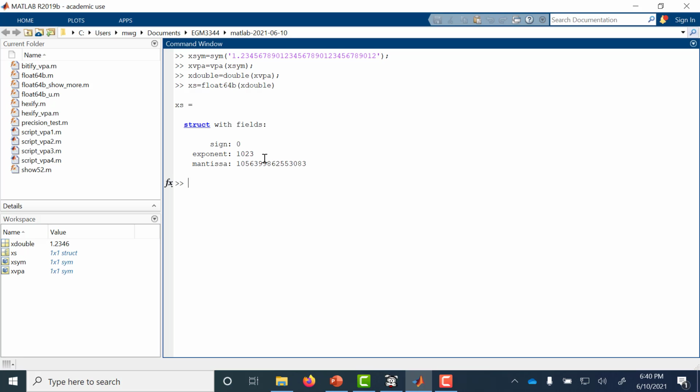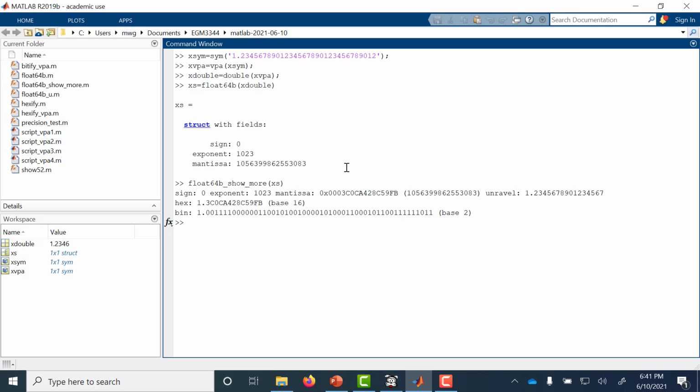Sign 0, exponent is 1023, and there's the decimal mantissa that I showed you a while back. I can show more. The function's called float64b, and I give it that this is the structure representing the double. It's rounded, so that's the float operation right there. When I do a double of that VPA variable, that is the float operation. Then I'm taking that floating point value and breaking it apart with that.